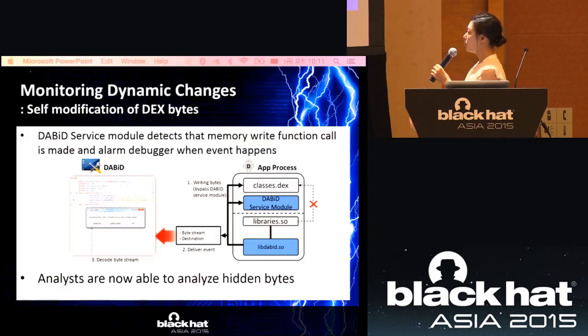The DABiD debugger interprets the message, alarms the analyst where in the DEX bytes is differentiated, and lets analysts change those parts. Analysts are now able to analyze hidden bytes, the dynamically changed parts.